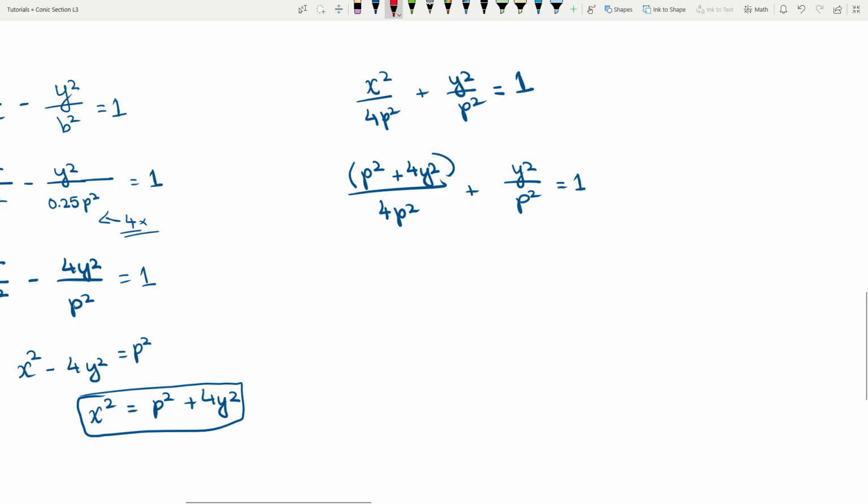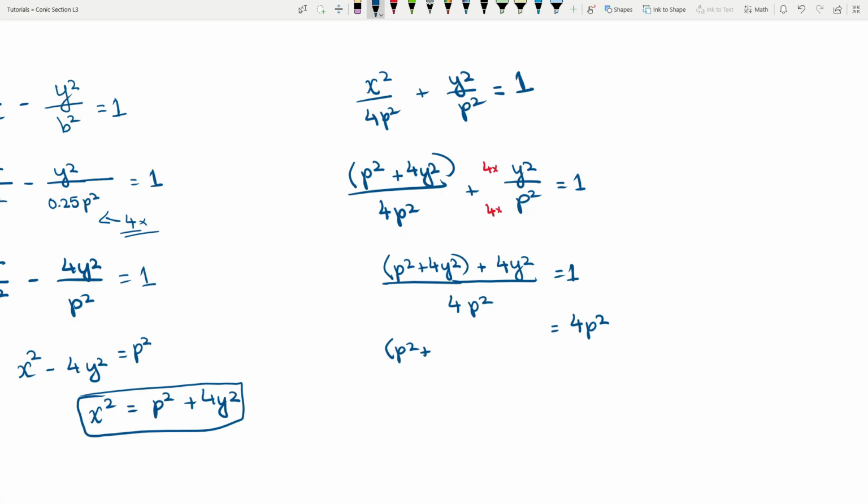What we can do is multiply this side by 4, top by 4 as well. So it will equal 4 plus 4p squared. Since the denominator is the same now, plus 4y squared equals to 1. And then we bring the 4p over the other side.